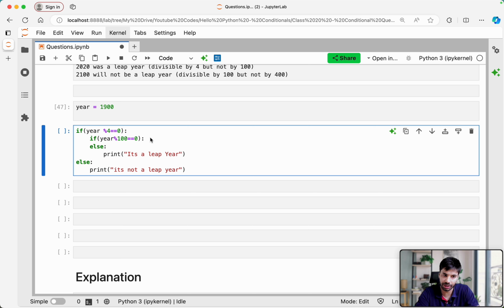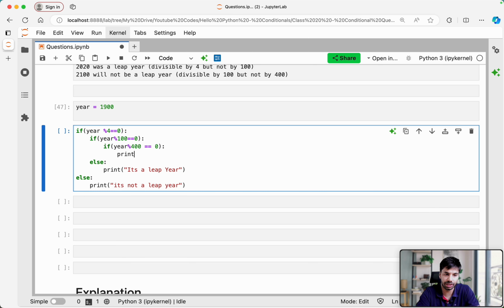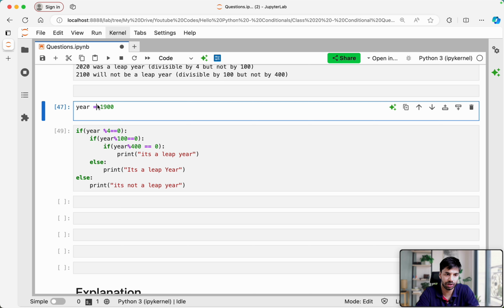So if divisible by 100, then we have to do something, but if it is not, then we can say yeah, it's a leap year. Then if year percent 400 equals 0, that is when we can finally say it's a leap year, right? So let us run this, everyone. Now 1900.